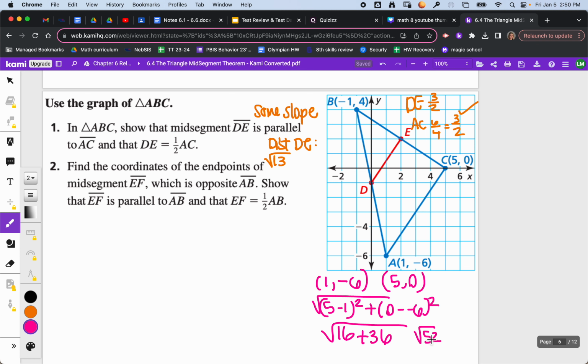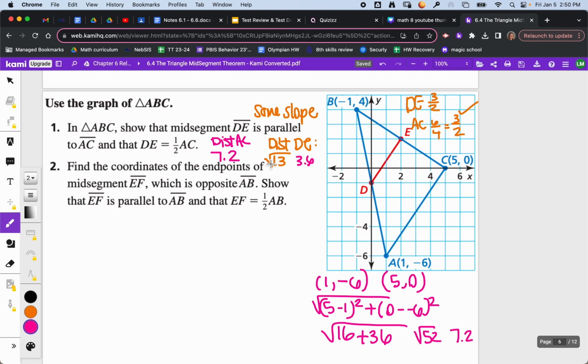So let's see if that's exactly half. I'm going to take my calculator and calculate the square root of 52. The square root of 52 is about 7.2, rounded to the nearest tenth. So the distance of AC is 7.2, and then DE was the square root of 13, which is about 3.6.